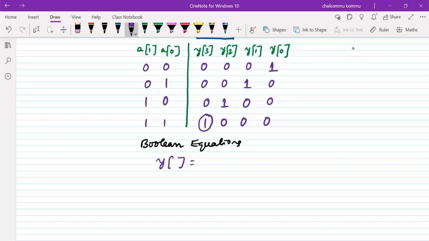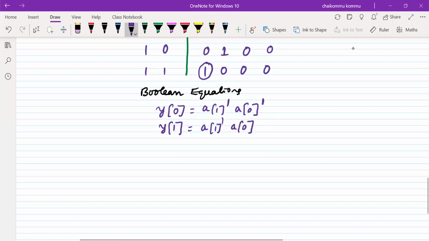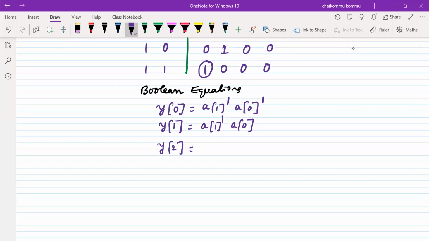A1 complement, A0 complement. What about Y1? A1 complement, A0. What about Y2? A1, A0 complement. And Y3? A1, A0. So these are the equations.